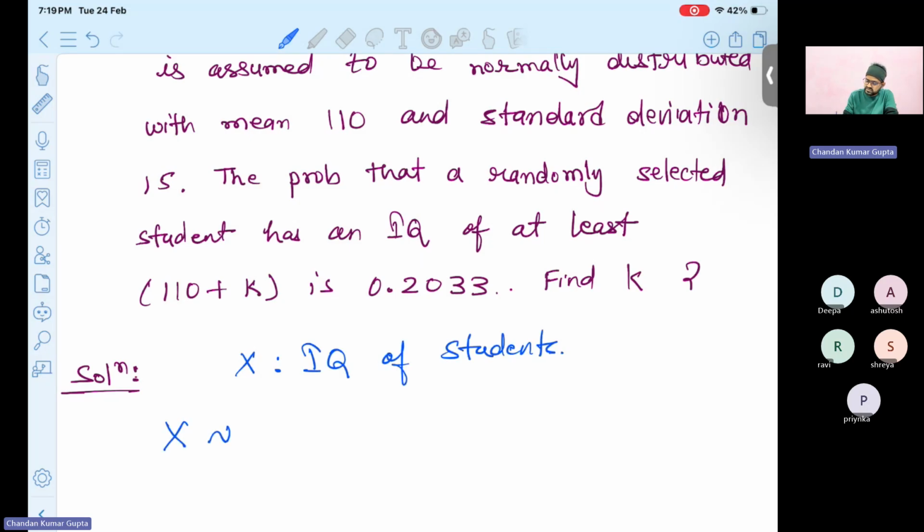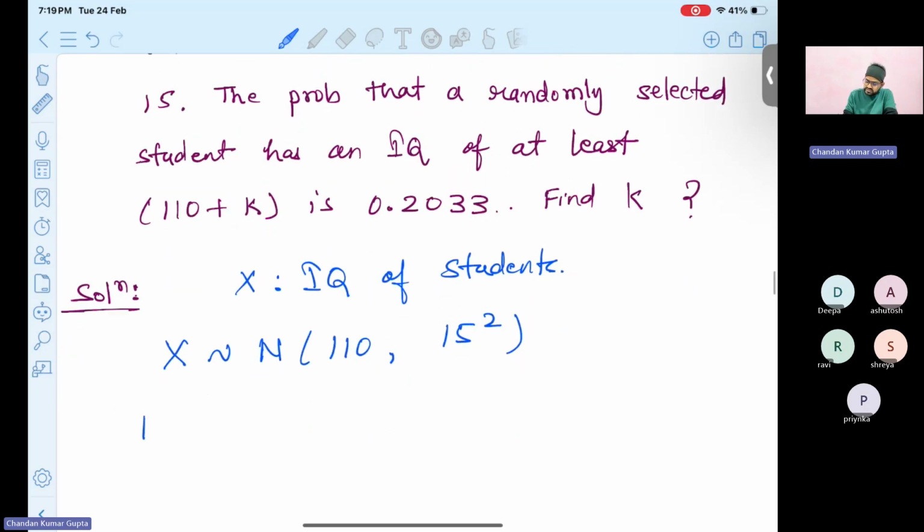This is normally distributed with the mean 110, and the variance is 15 square, which comes out to be 225. You may write it if you want. This is the information we are given.